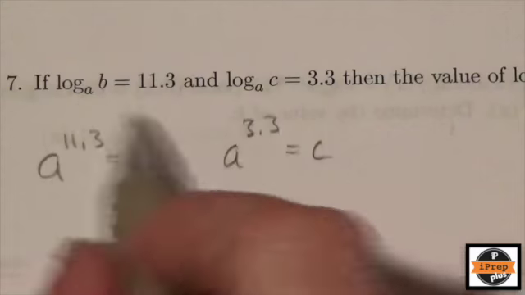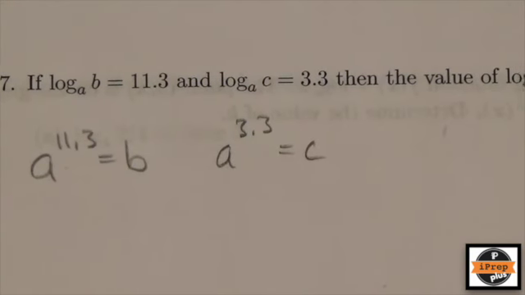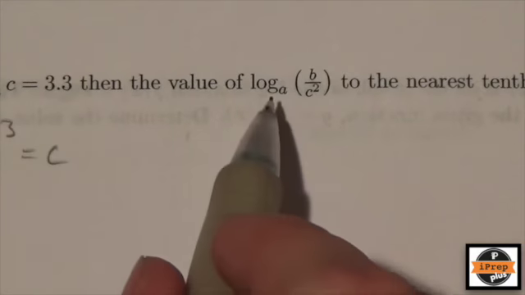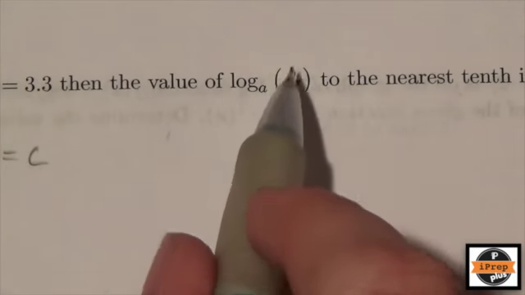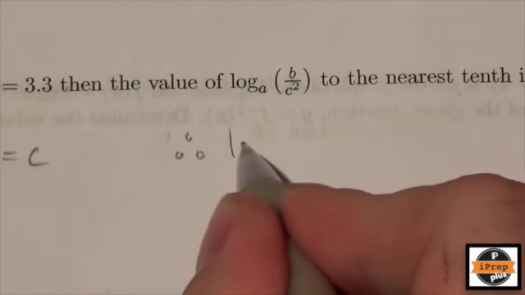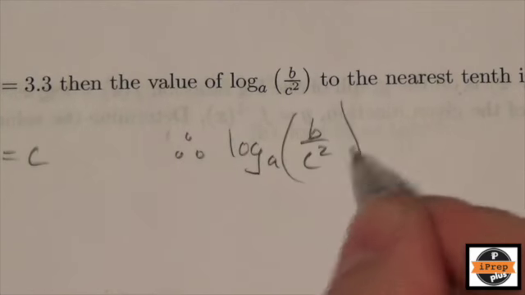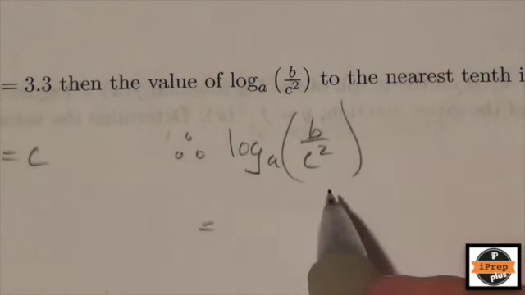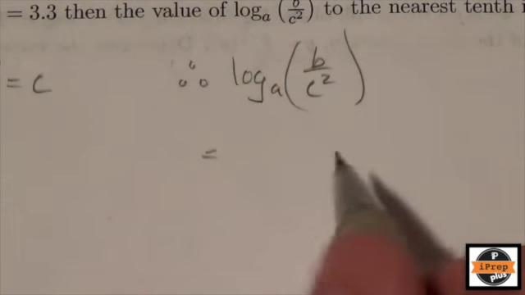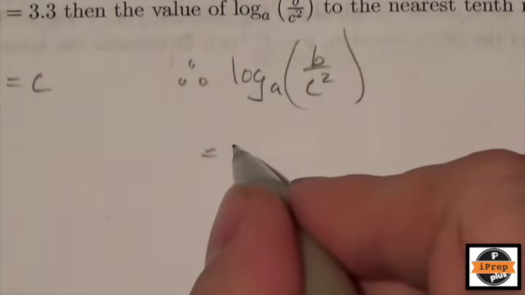That's just us converting those two logarithms into exponential form. Now let's look at the other log. We want to determine the value of log base a of b over c squared. What I can do now is replace b and c with the two powers that I just discovered.